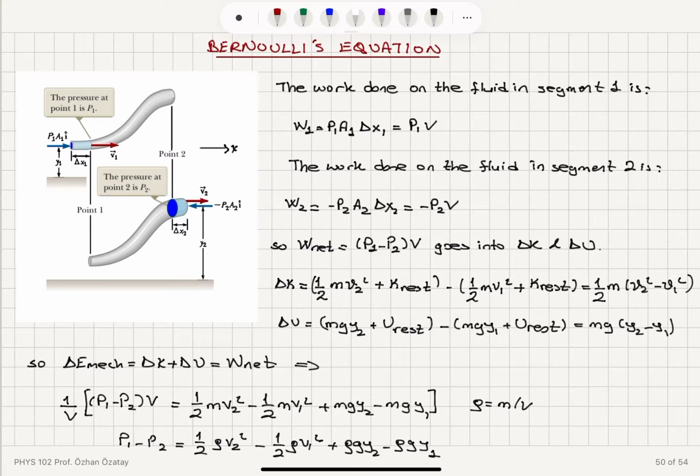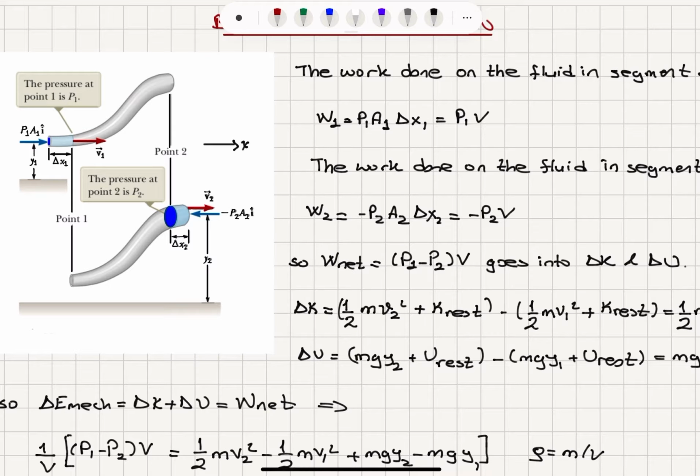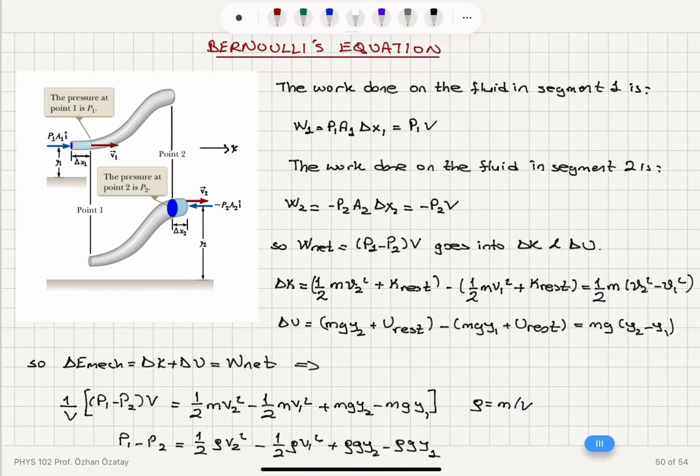What about the work done on the fluid in segment 2? Here we have a force minus P2A2 i hat. The displacement is in the positive i hat direction, so delta x2 i hat. So we have minus P2 times V, that is the work done on the fluid in segment 2.